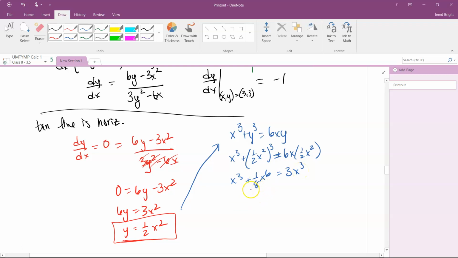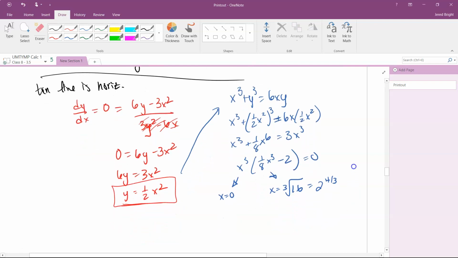I could factor out an x cubed after I move the 3x cubed over, and then I'd have x cubed times (1/8 x cubed minus 2) is equal to 0. So the solutions from this: either x is 0, or from the other factor, move 2 over, multiply by 8, 16, so x would be the cube root of 16, which is the same as 2 to the 4/3.